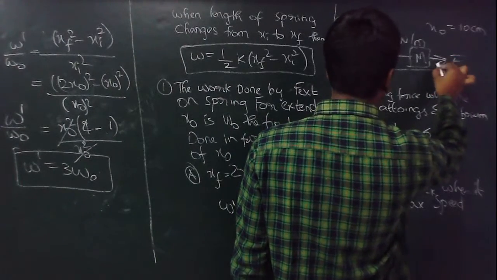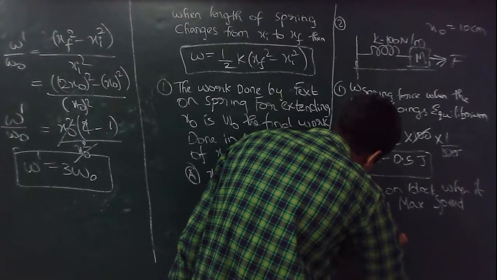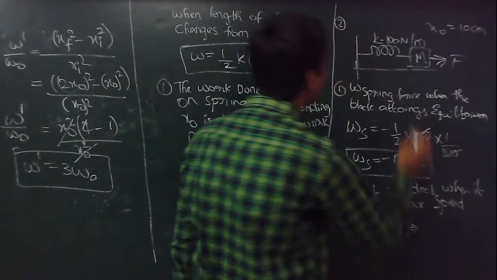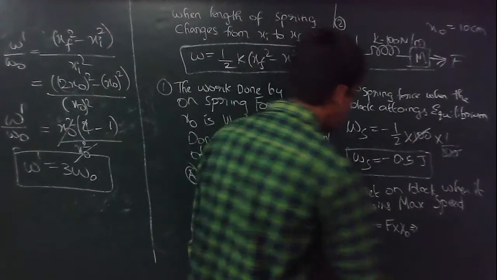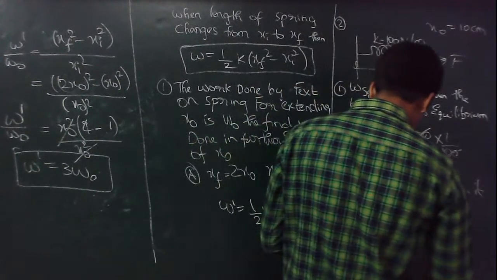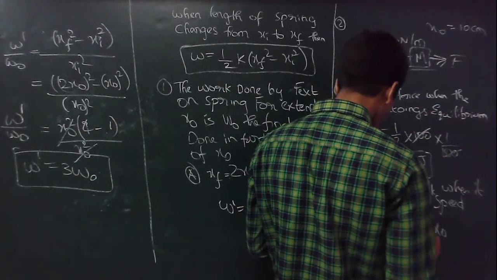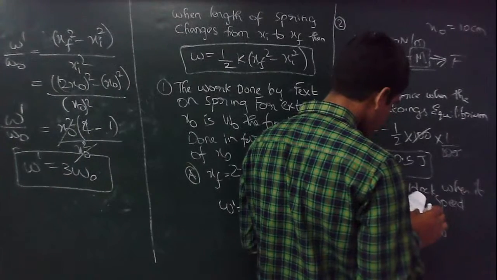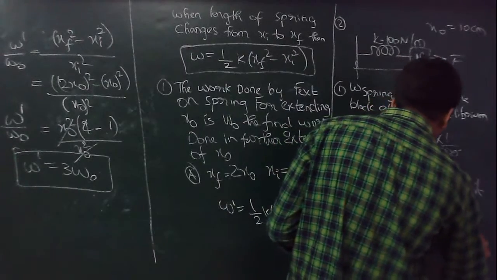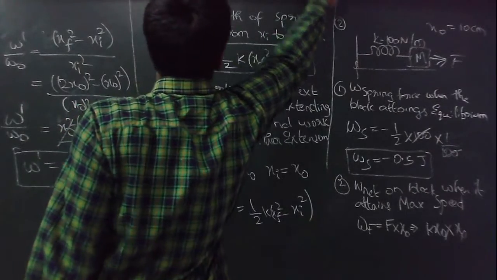So W of the force is F into x naught. It includes the spring force, but there is no other force. So we will take K into x naught, into x naught. Okay, we will take this and do it here.